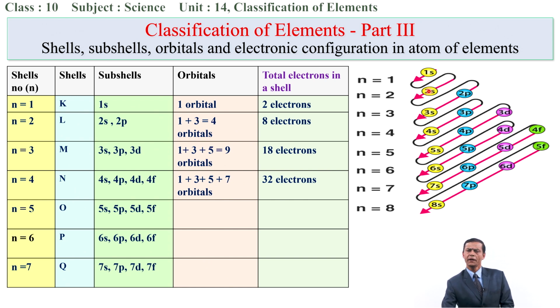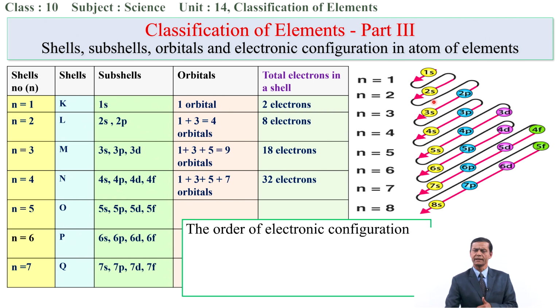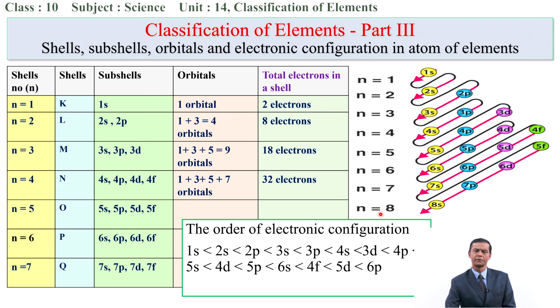So the filling of electrons can be represented by the Aufbau principle, the Aufbau rule, which we have discussed in previous classes. And the order of filling electrons is like this: first of all 1s, then 2s, 2p, 3s, 3p, 4s. After filling 4s, 3d.